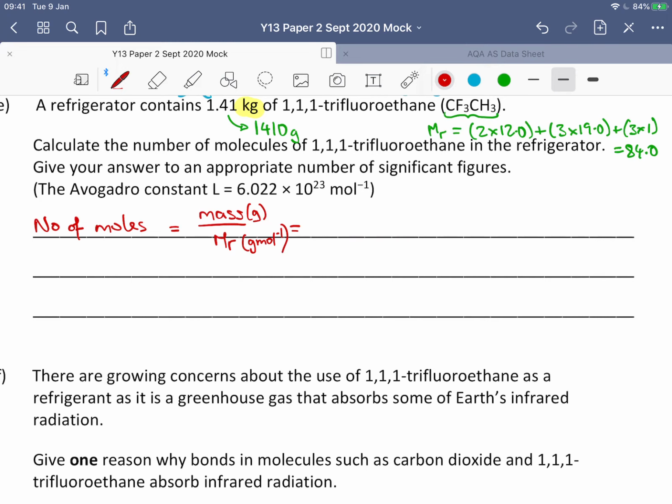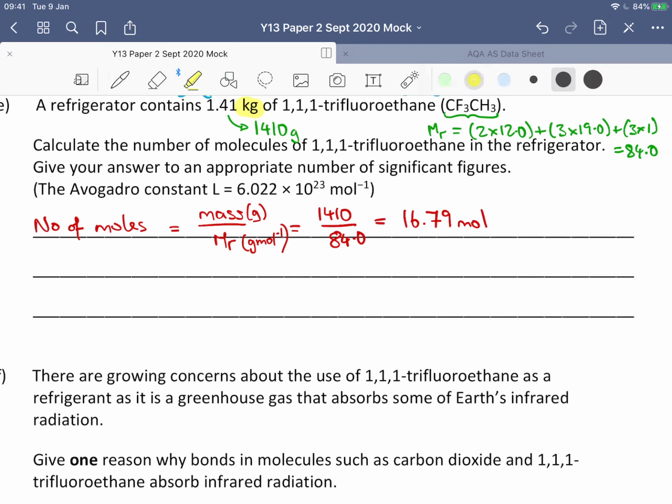So we've got a mass of 1410 divided by the MR, and then we can do equals on that. So 16.79 moles. I guess before I carry on, the other thing I should have done is look at the significant figures in advance.